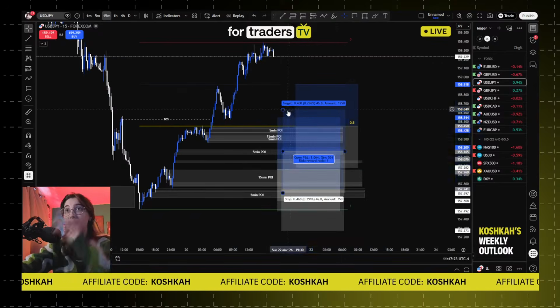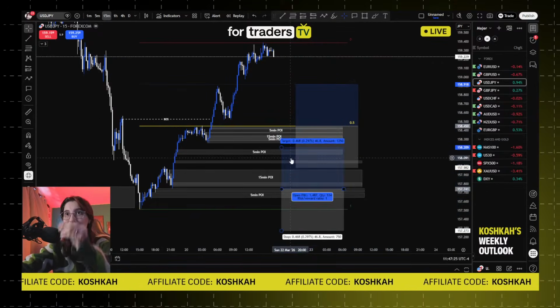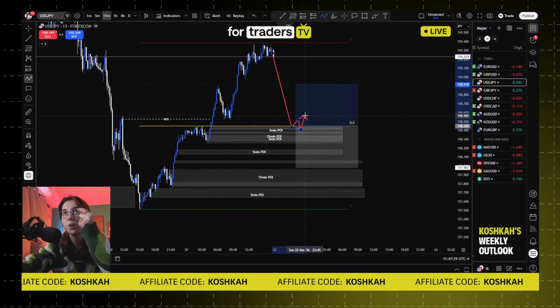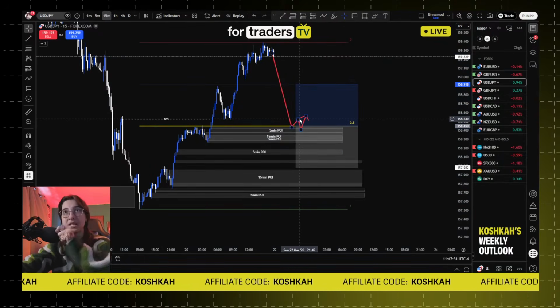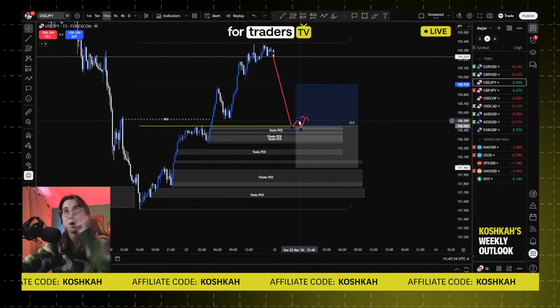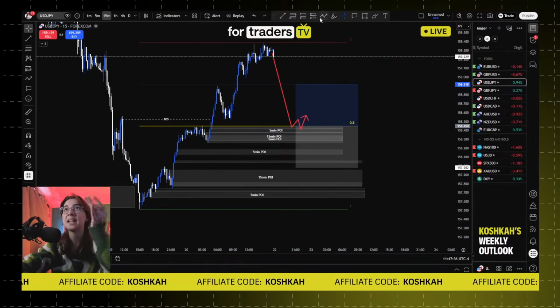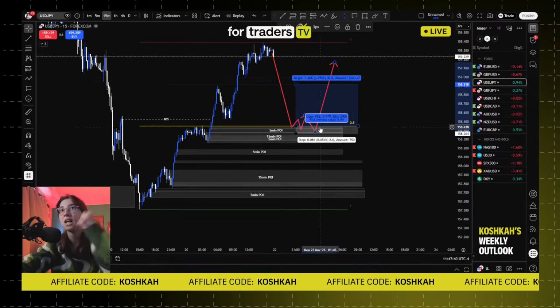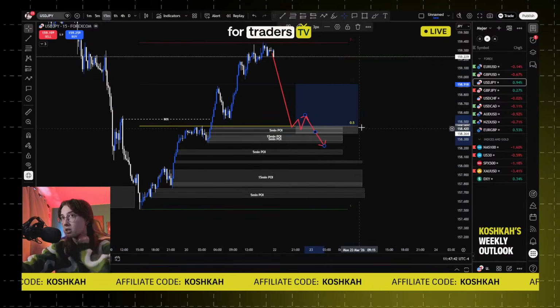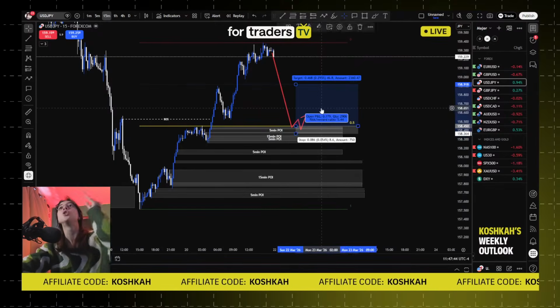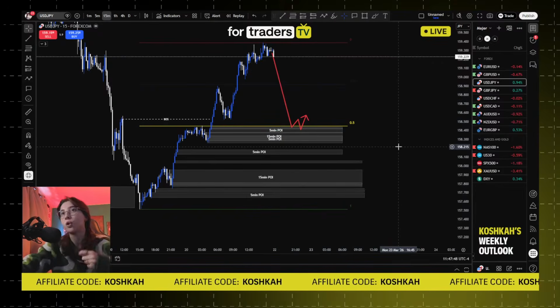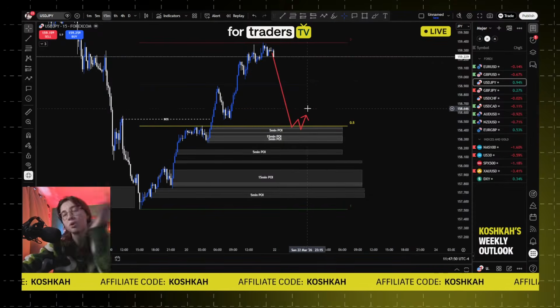And as well, if your first entry fails, so right here, let's say you wait for your confirmation on the 1 minute, and instead of having a good trade and a win, price just pushes down and it's a loss. All the POIs before the most extreme one are no longer useful if you already had a loss, or a win.